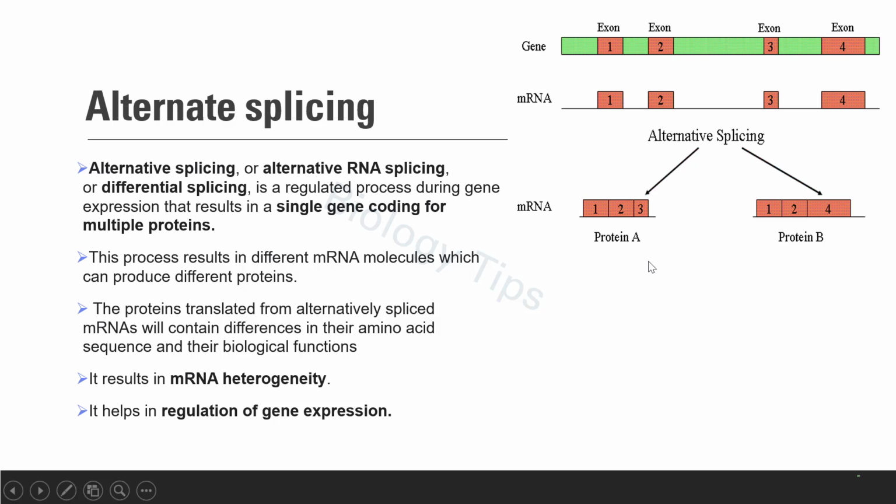Sometimes we require only protein A, so only protein A will be formed. Sometimes we require protein B, so protein B will be formed, right? Accordingly, we will be synthesizing the mRNA. So when we require protein A, the mRNA for protein A will be formed. When we require protein B, the mRNA for protein B will be formed. Okay?